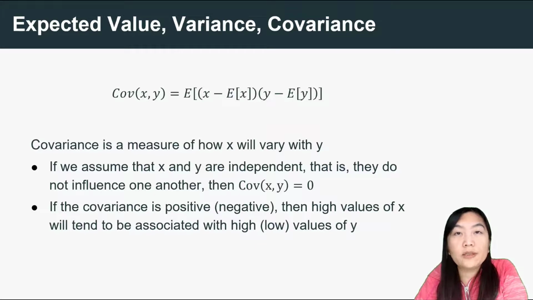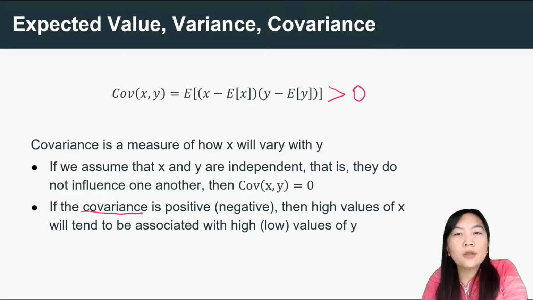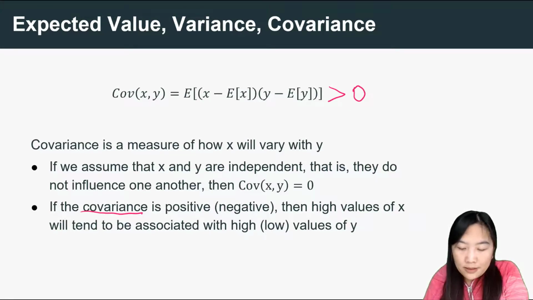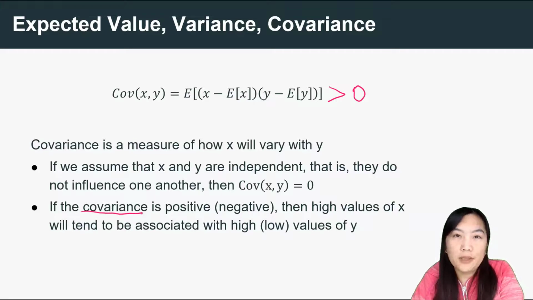But usually, most of the time, covariance is not equal to 0. So when it is positive, here this value is greater than 0, that means that high values of Y tend to be associated with high values of X.